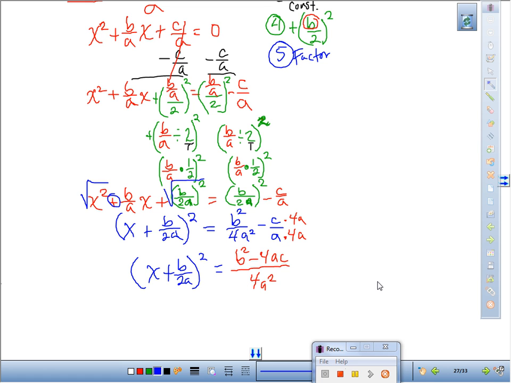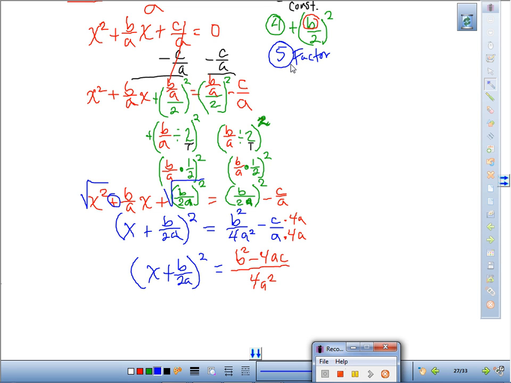Copy that, please. Right here it's 4a times c, therefore it's 4ac. Up here.